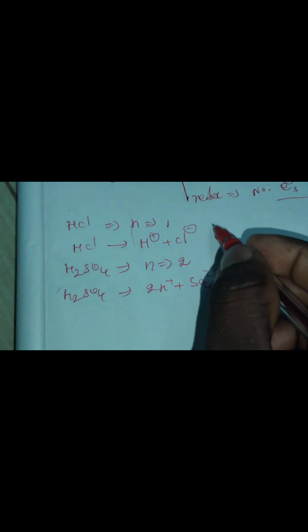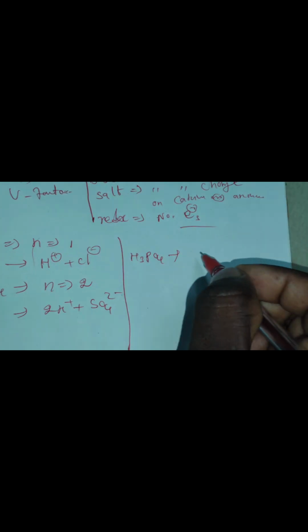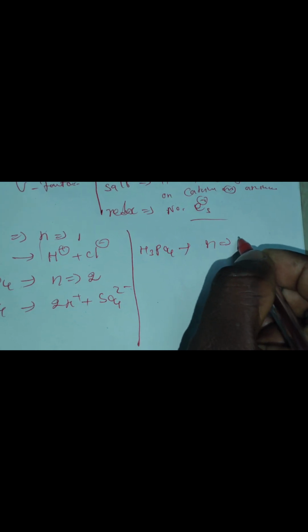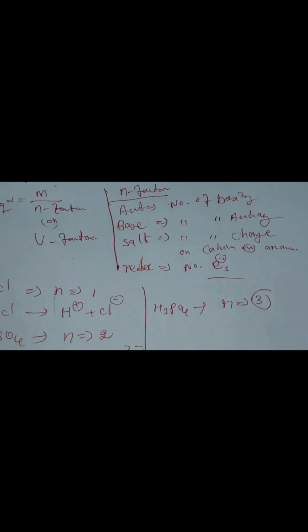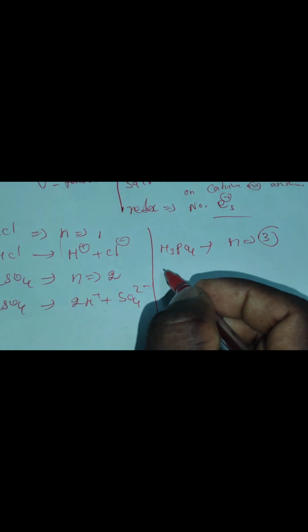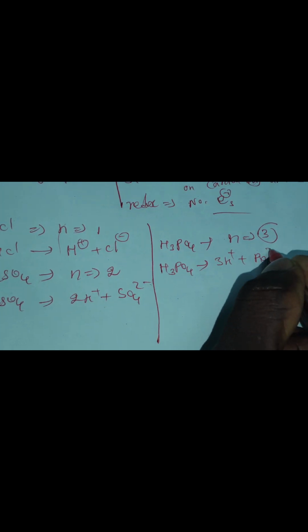Suppose H3PO4, what is the n factor here? n is equal to 3, because the H3PO4 molecule can lose 3 moles of H plus ion. The ionization of H3PO4 gives 3H plus plus PO4 3 minus.